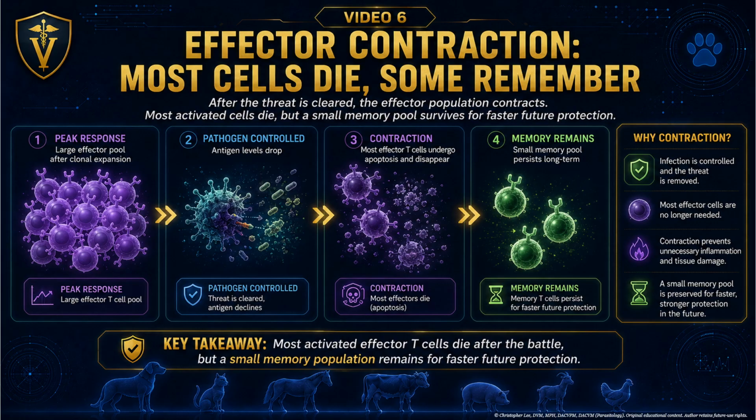But some cells survive as memory cells. Those memory cells persist long term and give the immune system a head start the next time the antigen appears. What a beautiful compromise. The immune system eliminates what it no longer needs, but keeps a record of what might matter again. Most cells die, some remember, and that memory is what makes future responses faster and more effective.